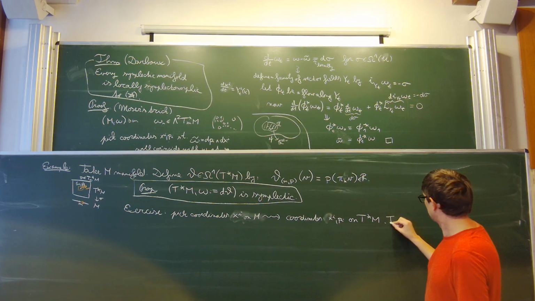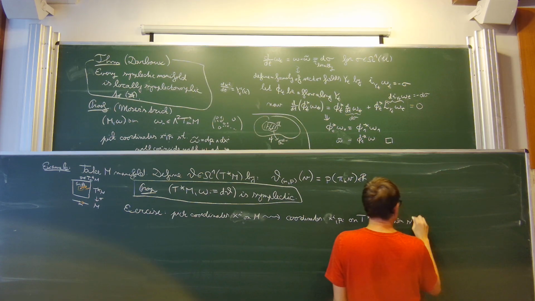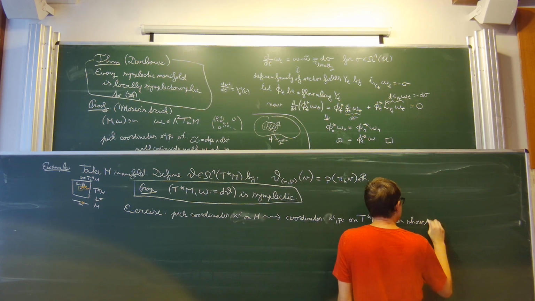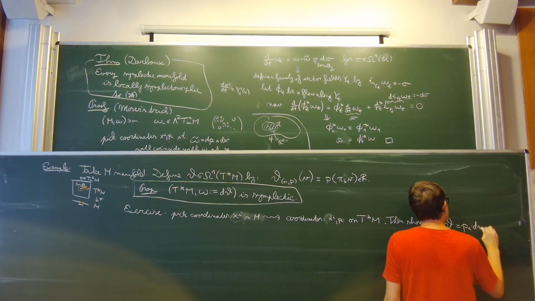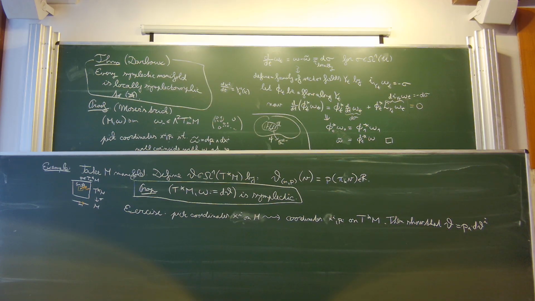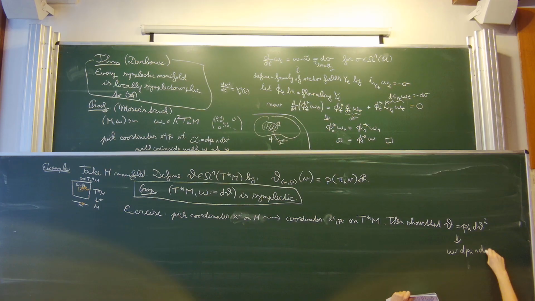And then you can show from the definition above that this theta is nothing else than p_i dx_i. And hence omega in that coordinate neighborhood is just dp_i ∧ dx_i.